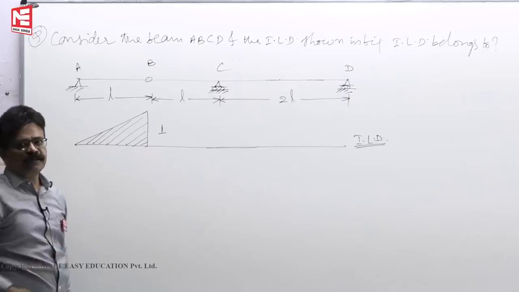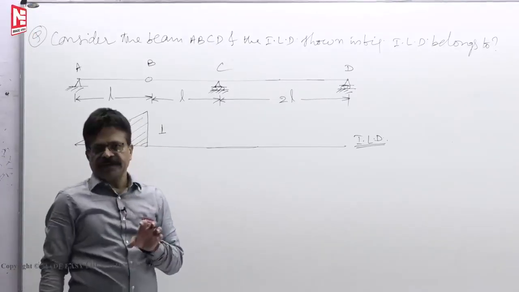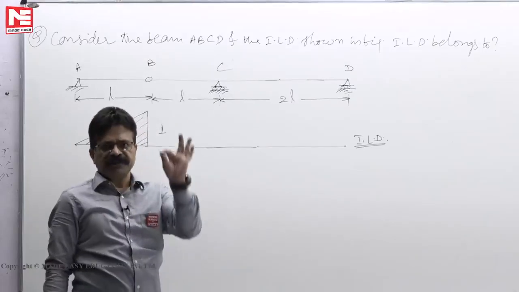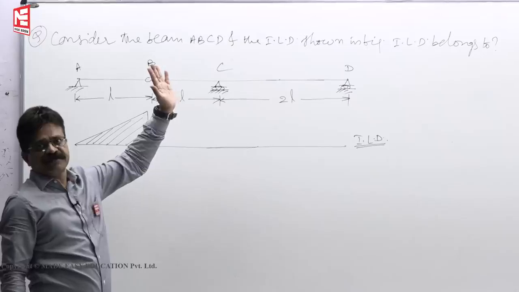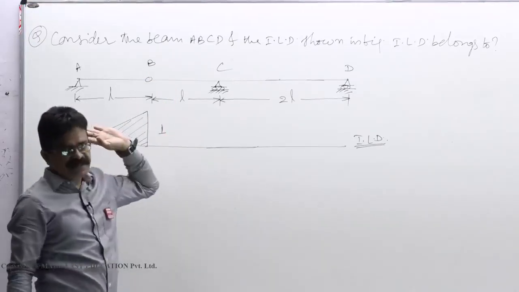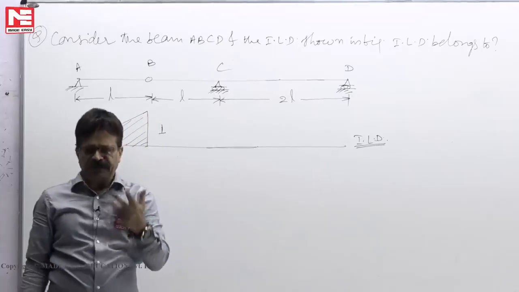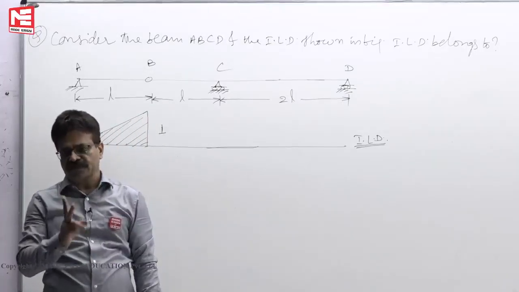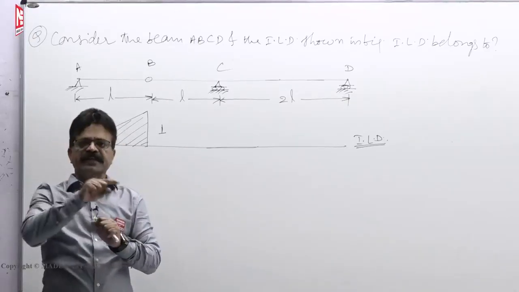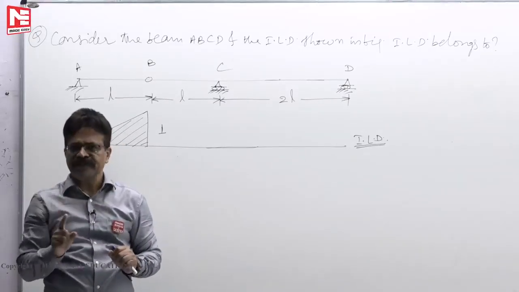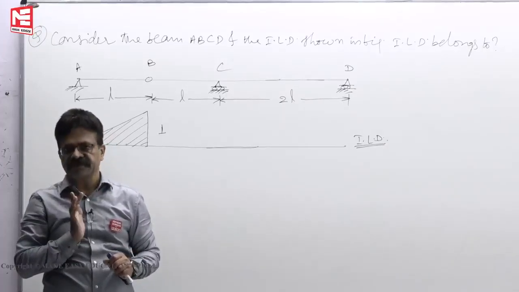I have explained 3 processes of how to draw ILDs. To draw ILD for reaction, remove the support and lift it by 1. Is any support lifted? No. So it is not ILD for reaction. Then ILD for shear force: wherever you want it, you must cut the beam and lift such that theta A equals theta B equals 1 by L, so that at the cut section the total ordinate is 1.